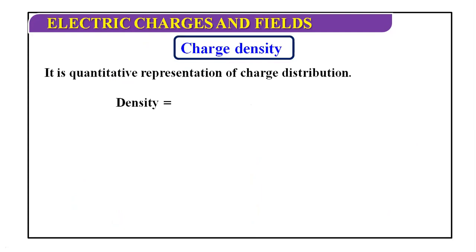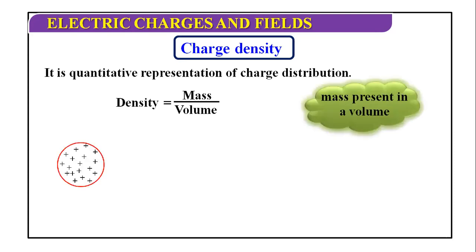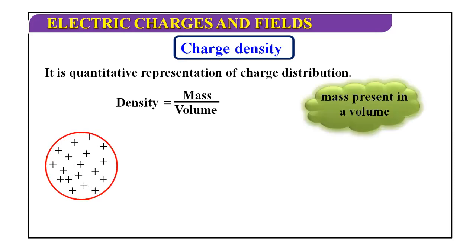Now there is one more physical quantity which is called charge density, like density which is mass upon volume. We can define the charge density also. So charge density again, that is charge upon volume. Mass density is mass upon volume.